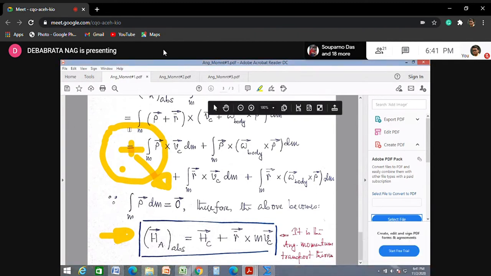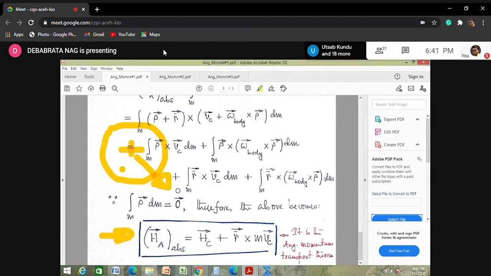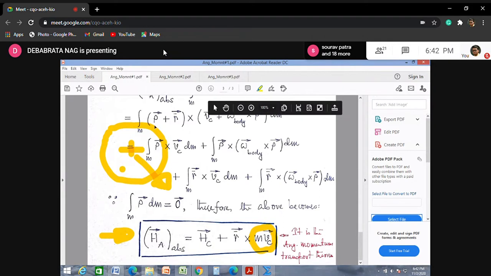So for that given motion, you calculate the center of mass's velocity, and then you get the corresponding linear momentum term of the body, and take its moment about this point. So this is the point about which you are writing, and you can find out the absolute angular momentum of this body with respect to this point.